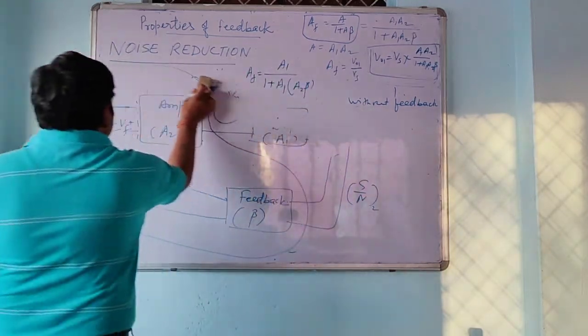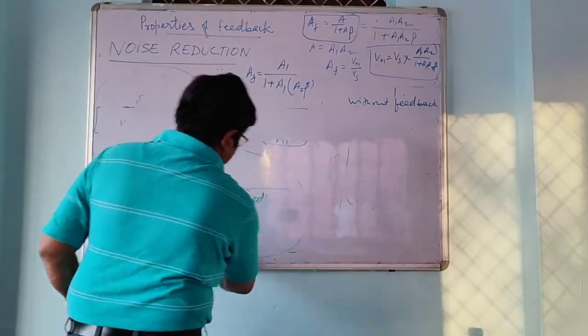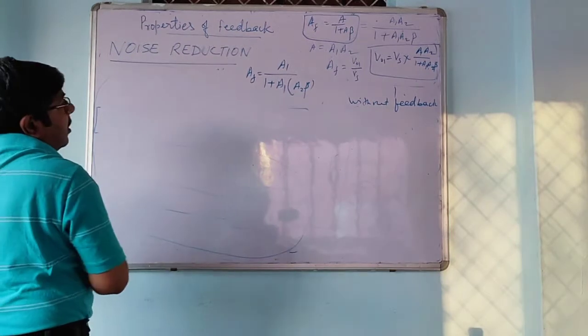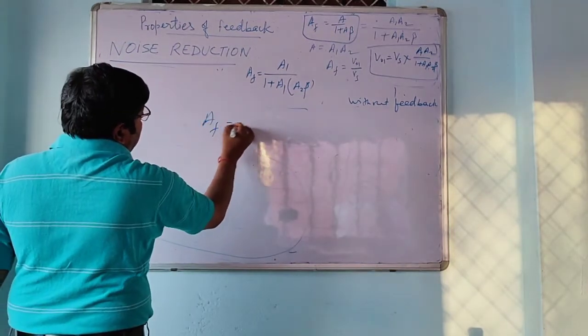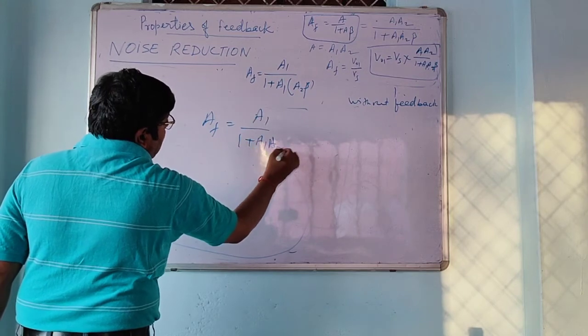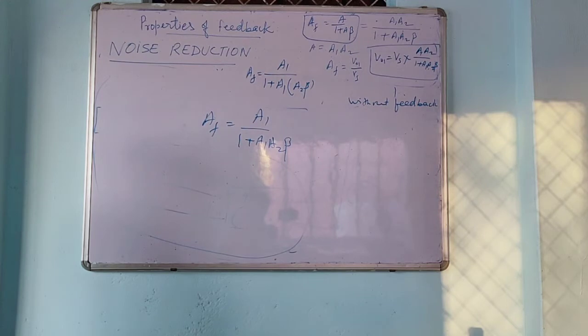So what is the expression for this case? When we are using feedback, AF is given by A1 upon 1 plus A1 into beta. This is the expression for gain with feedback.